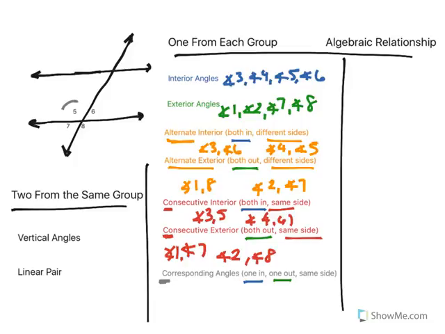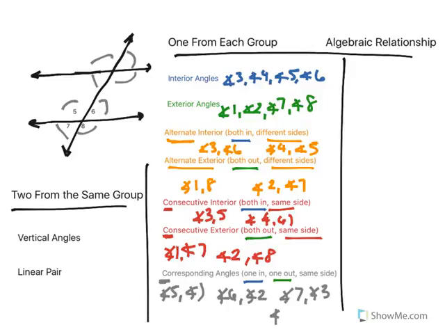Okay, so angle 5 and angle 1 would be an example of that. Angle 6 and angle 2. Angle 7 and angle 3. And angle 8 and angle 4.